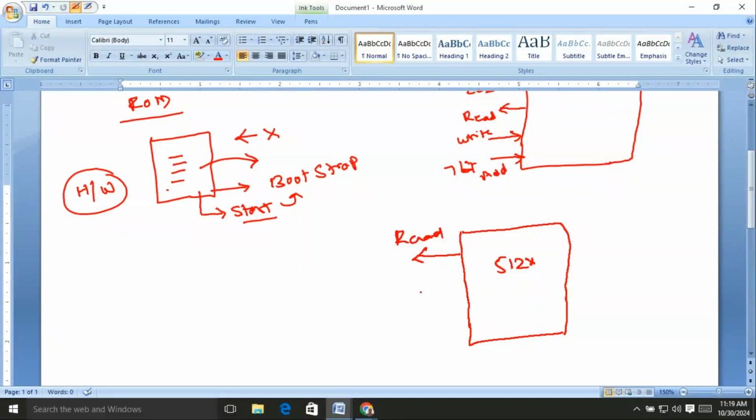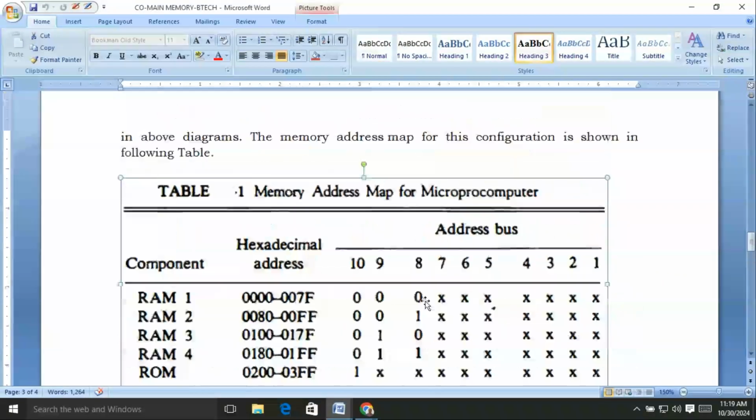To extract data from the ROM, it has 9-bit address lines, because 2 to the power of 9 equals 512. The addresses are in binary format. I show here the organization of the ROM chip.